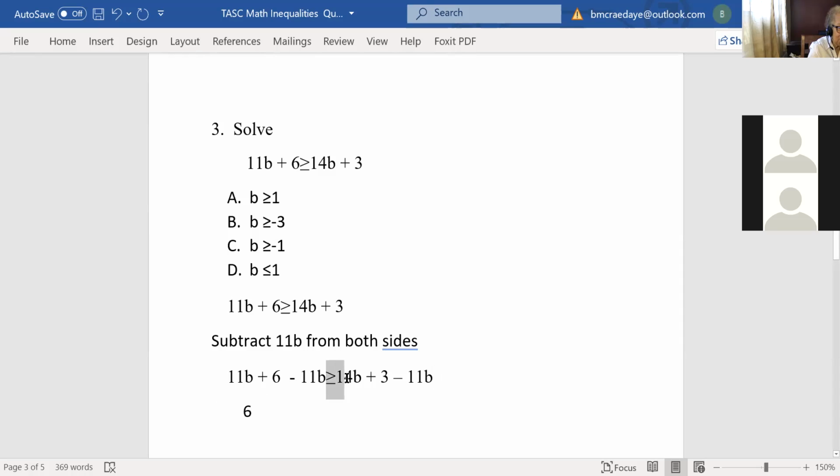You have the sign, which is greater than or equal. Yes. Now, when I subtract 11B from the 14B, what do I get? 3B. That's it. Very good. So this becomes 3B, and the 11B comes out because we subtracted it. Now this is what we have left.